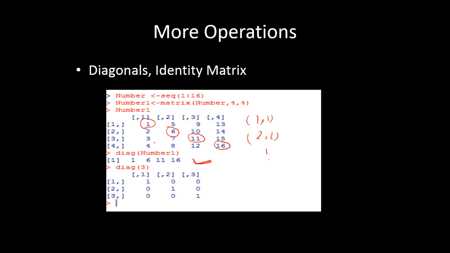We can also use it to find what is known as an identity matrix. This is very useful a lot of times for data manipulation. So we want only the diagonal elements to be populated. The identity matrix always has the diagonal elements as 1, and all the rest of the elements are 0.